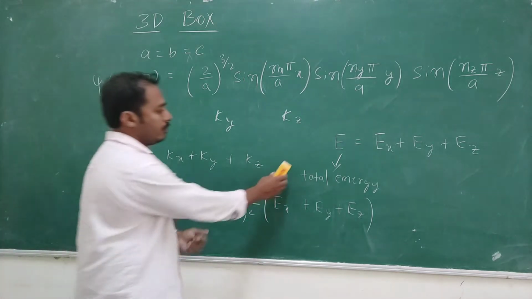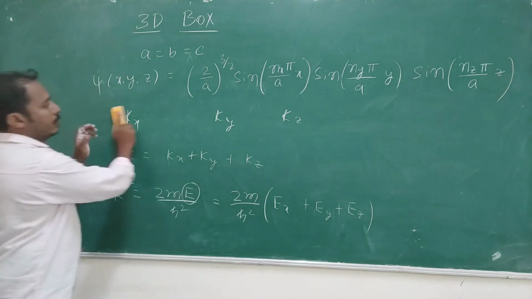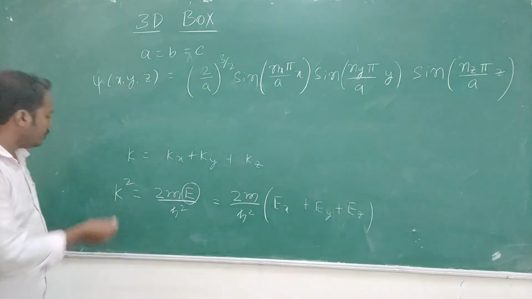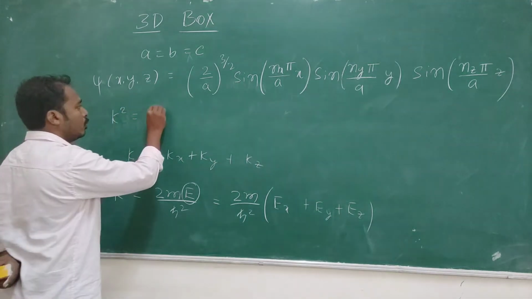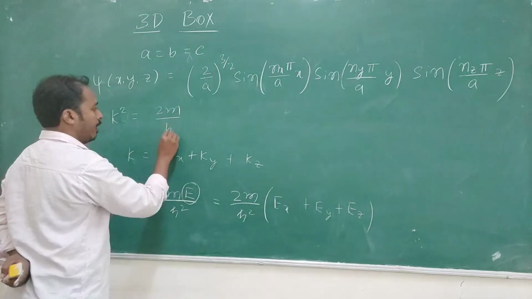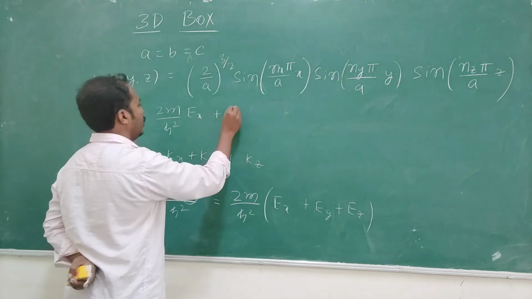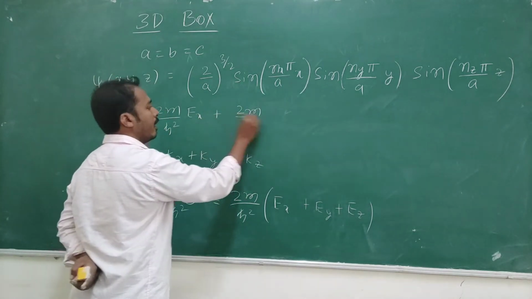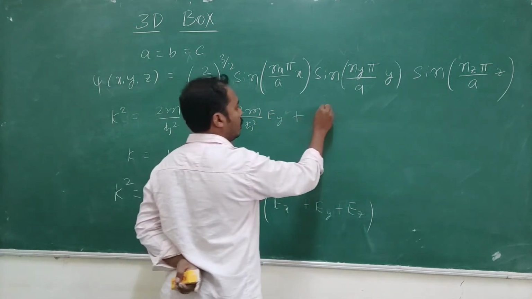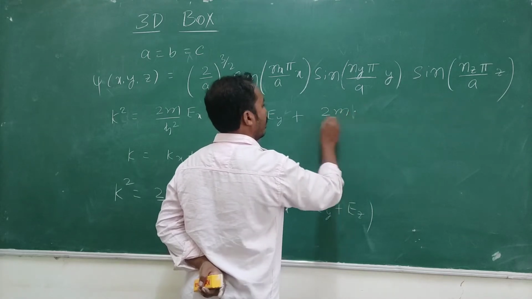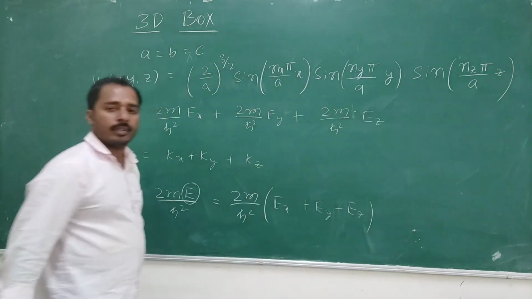Next, K square is equal to 2m by h cross square Ex plus 2m by h cross square Ey plus 2m divided by h cross square into Ez.